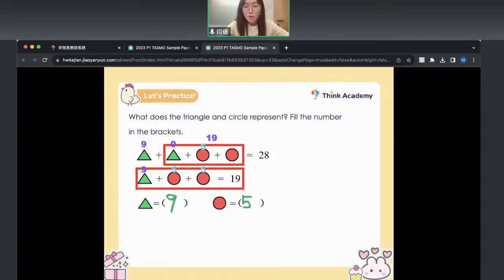So do remember that for such a question, what is the habit here? As long as you figure out the value of one shape, write it down. Okay, try to remind yourself. Triangle equals 9 and then circle equals 5. Okay, so here again, let's have a quick summary. I just erased everything, okay?